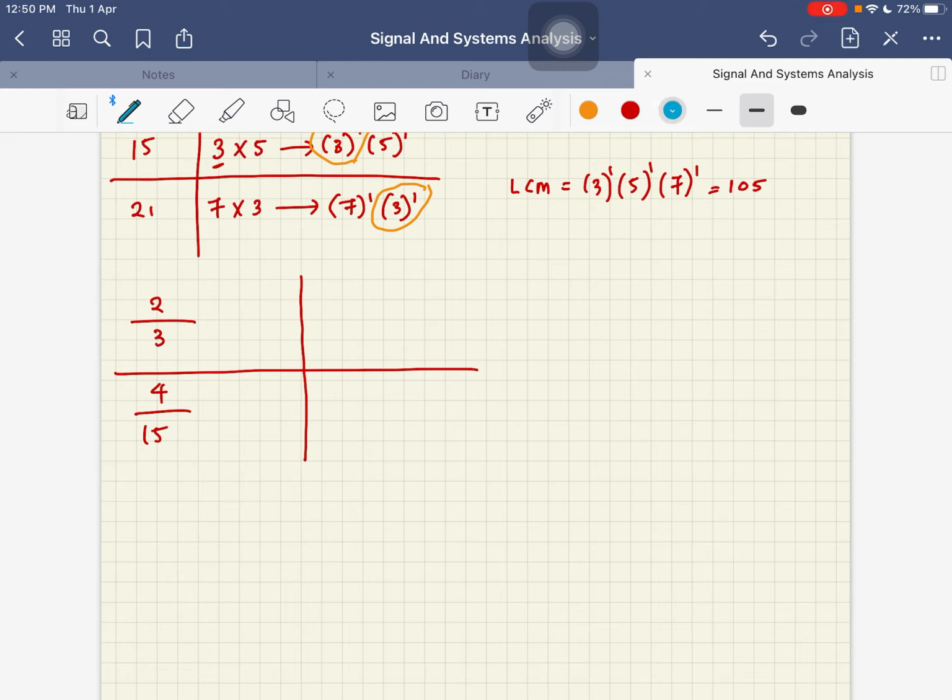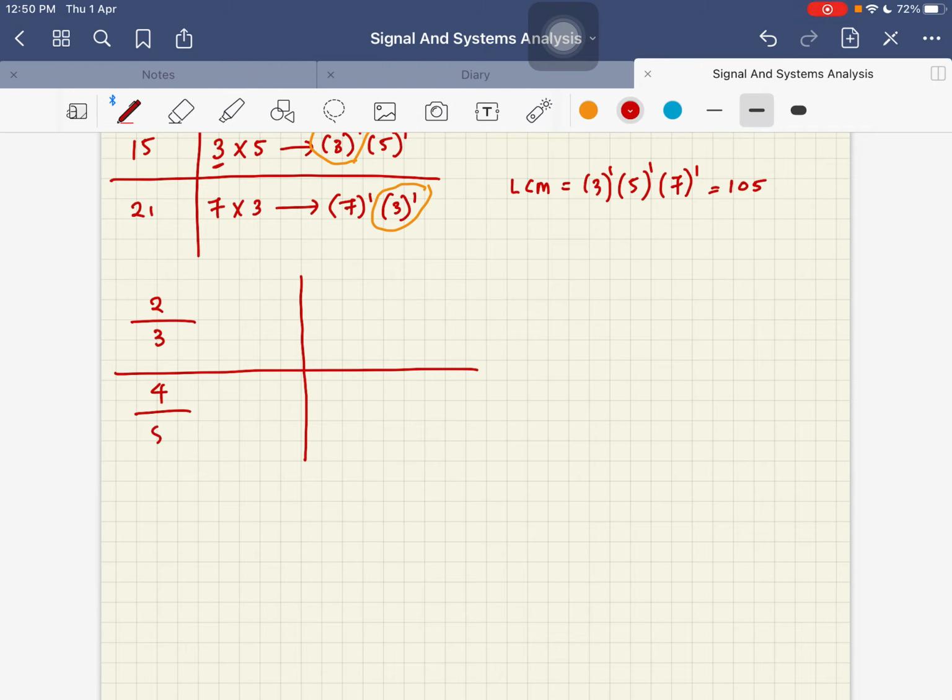So in this case, the first step is to change these non-integer numbers to integers by multiplying them with a common number. So in this case, actually I wanted to change this. Instead of 15, I want it to be 5.